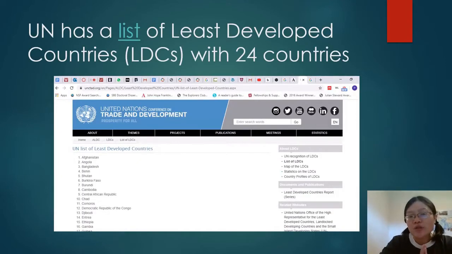This slide is to show you that the sector of international development really perpetuates this idea of developed versus developing countries, right? What I'm showing you here is a list by the United Nations of least developed countries, LDCs, which actually lists 24 countries. Let's look at it here.